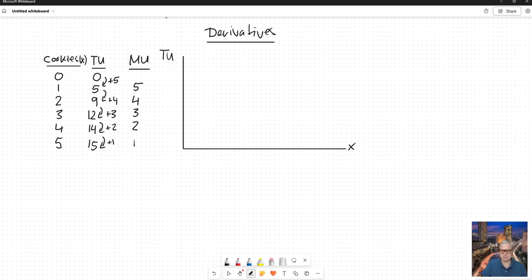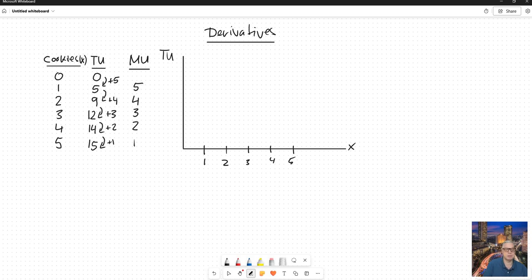So x in this case is the independent variable and the total utility the dependent, because the total utility depends on the consumption of cookies, which is x. Okay, so let's say here we have 1, 2, 3, 4, 5.